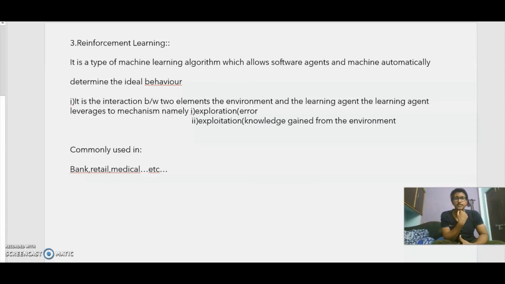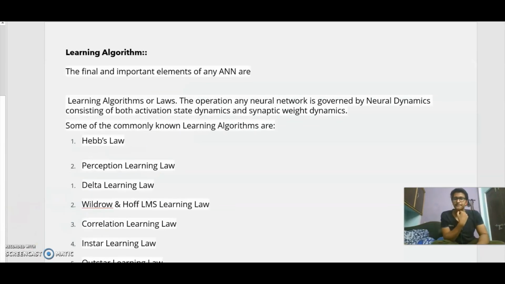Exploitation is the knowledge gained by the system from the environment. Reinforcement techniques are commonly used in banks, retail systems, and medical purposes, etc.